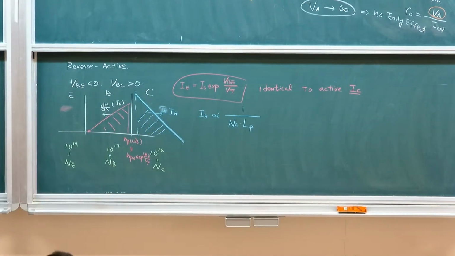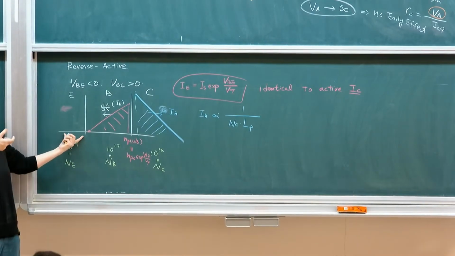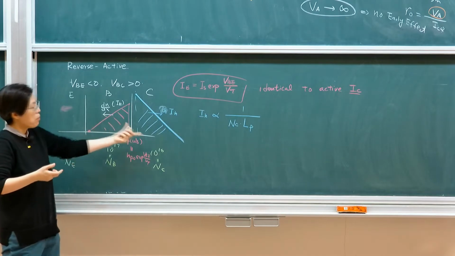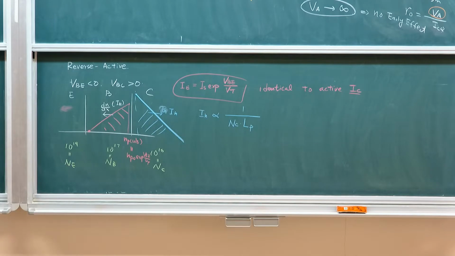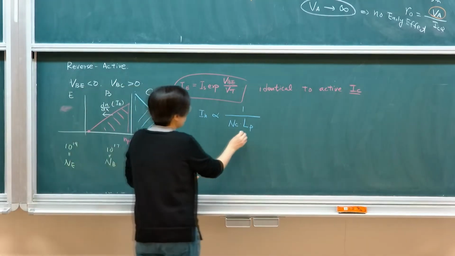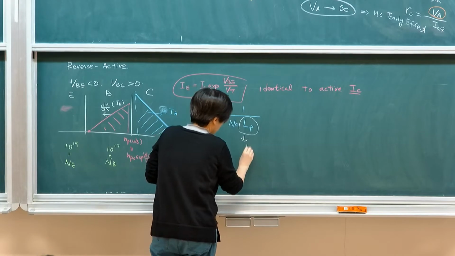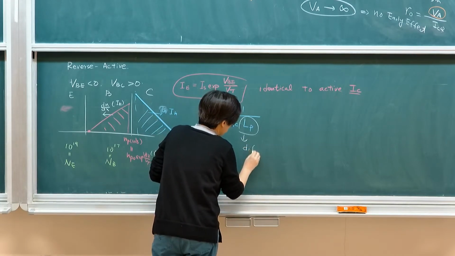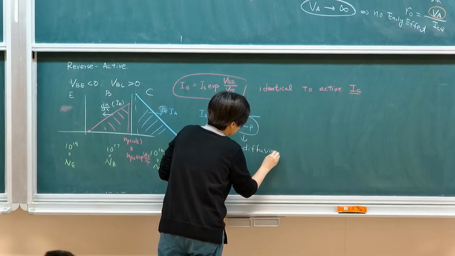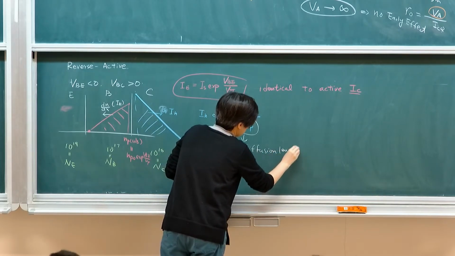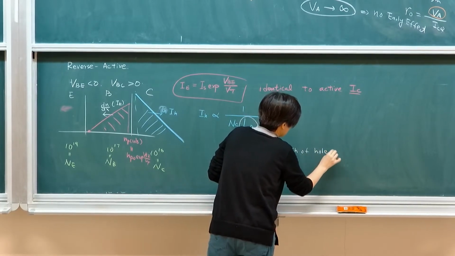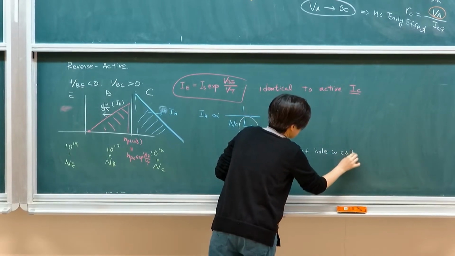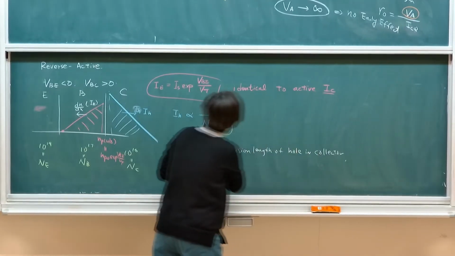Because we don't have a narrow emitter, we don't have a very narrow emitter, you cannot use WC because WC is very, very long. Remember, it's all the way down to the well. So you have to use the diffusion length of holes in the collector. But that's not very important.